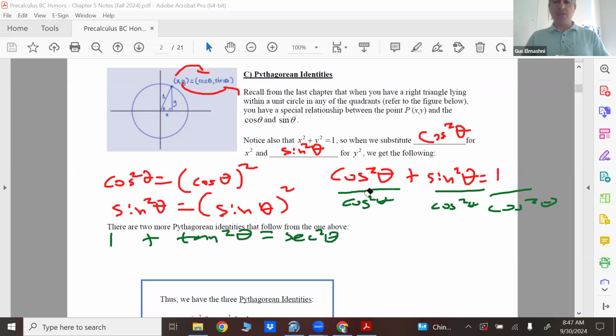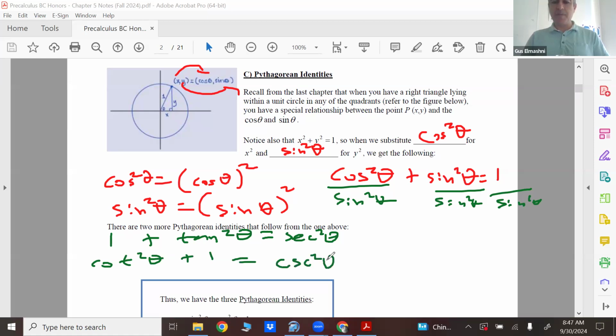Or what if I decided to divide each expression by sine squared theta? Then what would I get in this case? Yep. And if you have a hard time remembering them, just do the derivation. It's not that hard. It's pretty simple. But you might see even wackier variations of these where the one moves to the other side, or you make one of them negative.